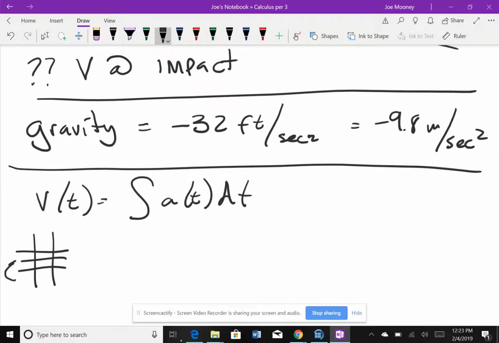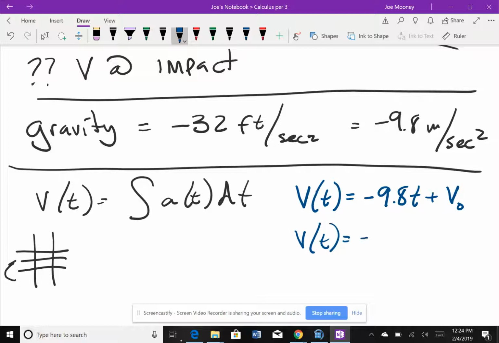But it's always going to be, and this is where you try to get your bearings together as we come to test time, velocity will always be negative 9.8t plus your constant of integration, and our constant of integration is always initial velocity. And then velocity in feet would be negative 32t plus initial velocity.